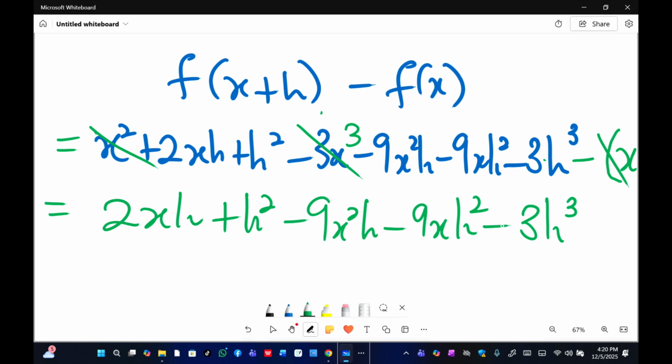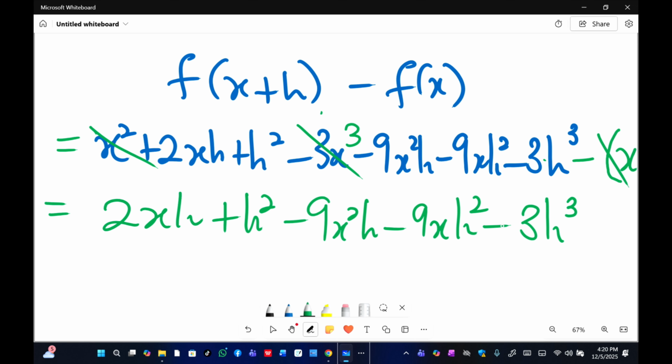So our dy dx is equal to the limit of, so now we are going to get 2xh plus h squared minus 9x squared h plus 9xh squared minus 3h cubed, all divided by h as h approaches 0.